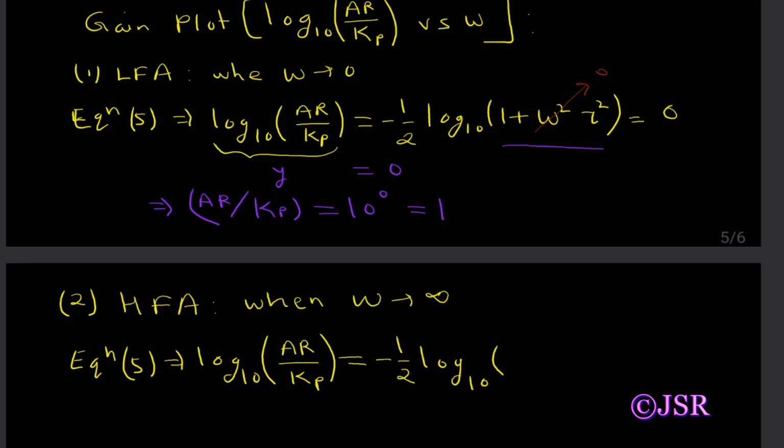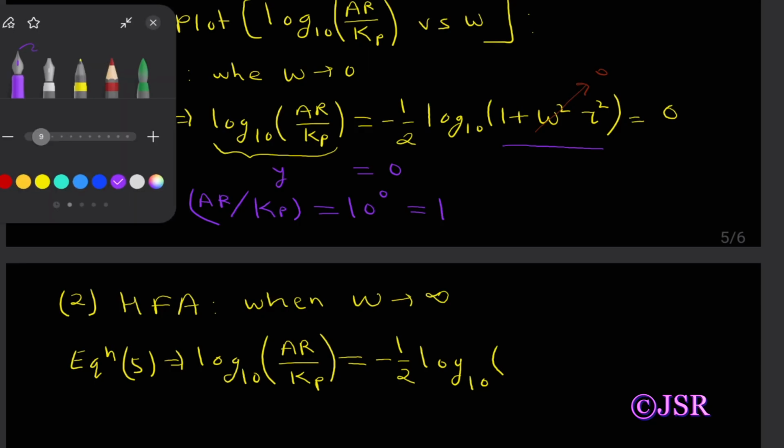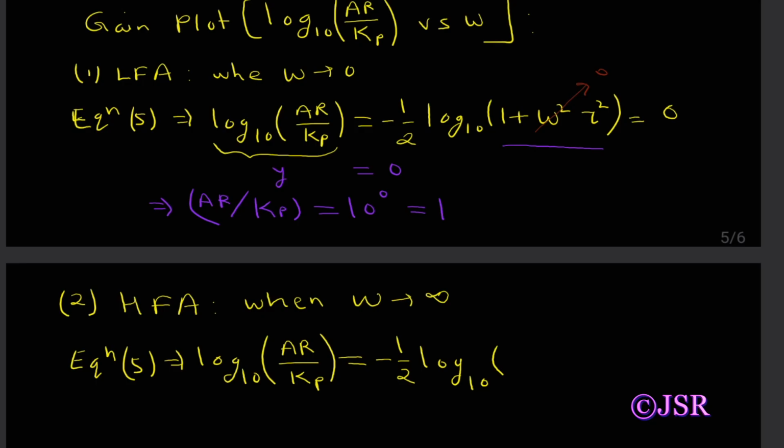So we can neglect the first term. So we will have omega square and tau square, and finally we will get minus log 10 omega tau.